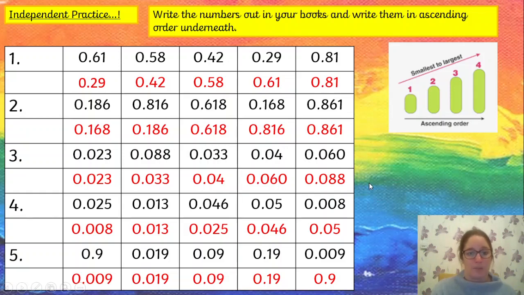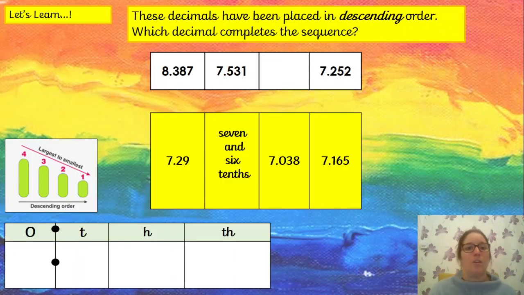The bottom one, I think, was really quite tricky. Even I had to check it a couple of times, if I'm honest, just to make sure I'd put the right answers. So always double check that you've got your place value correct. Okay, moving on then.